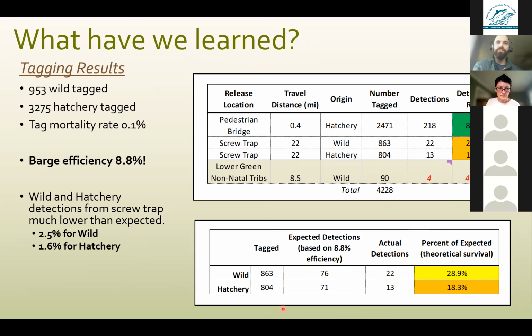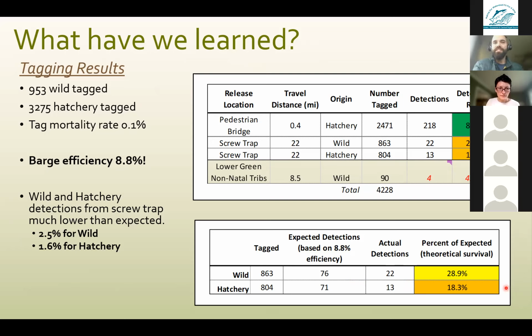Based on what we expected, we thought we would get 76 wild, 71 hatchery fish, but in actuality, it was 22 and 13. So using the efficiency that we got from the barge, you can calculate a theoretical survival rate through the lower Green, and that comes out to about 29% for wild and 18% for hatchery fish.